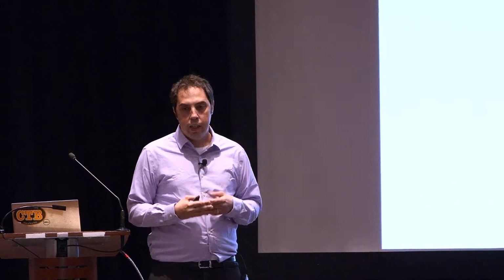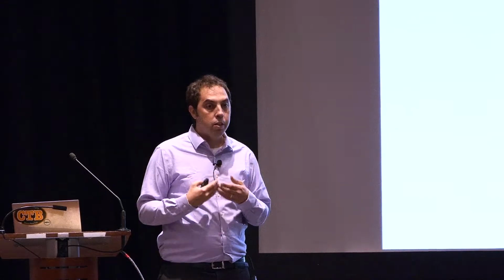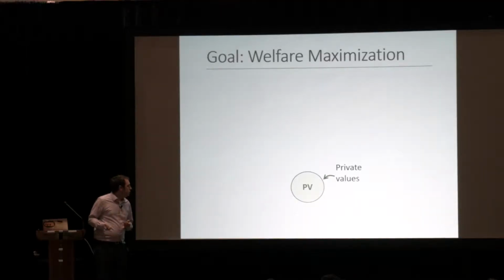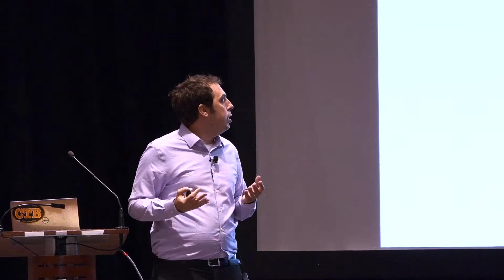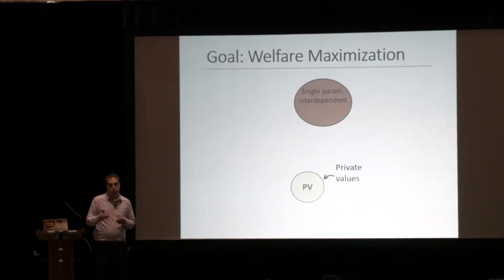Our goal in this talk is to talk about welfare maximization. And we know that if we're in the private values model where every player knows his value, VCG basically solves the problem, even for the most general domains we can think about, far beyond combinatorial auctions. But in the interdependent values model, even in very strict single parameter environments, we have to have some single crossing type condition, which I describe in a few slides, to achieve the optimal allocation.